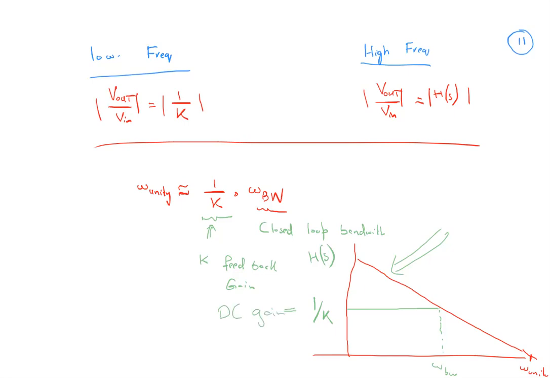We draw the line of the DC gain and see where it touches the open loop configuration. Wherever it touches the open loop and intersects the omega axis, that will be your closed loop bandwidth. So you can figure that out in problem 5.